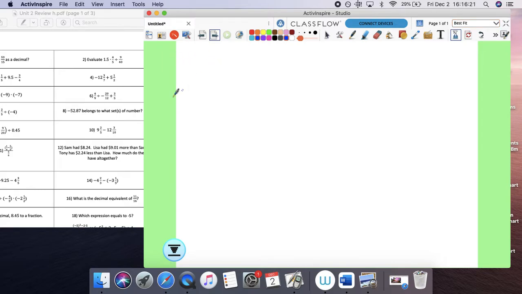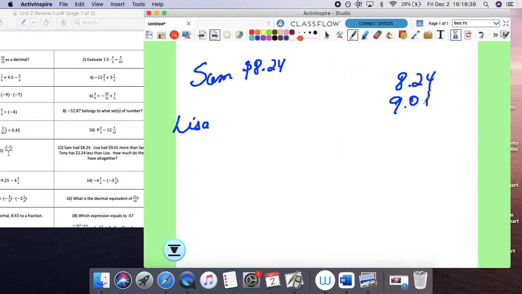Sam has $8.24. Lisa has $9.01 more than Sam. So Lisa has a little bit more. How much more? She has $9.01 more. So let's add those two.